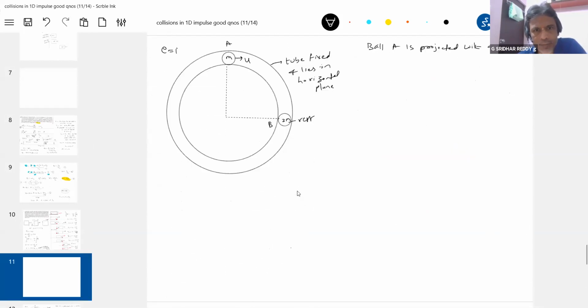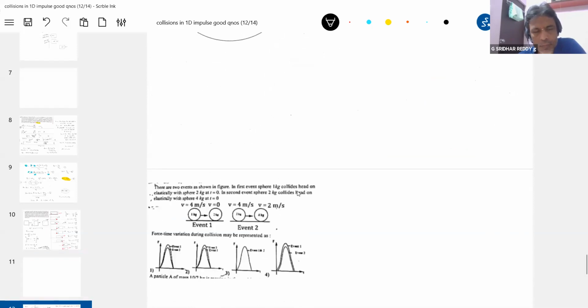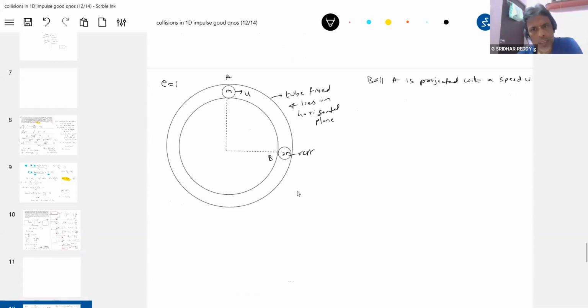Now come for this. A ball is projected with a speed u. Let an elastic collision occur. And there's a pipe where the balls are permitted to move inside the pipe.